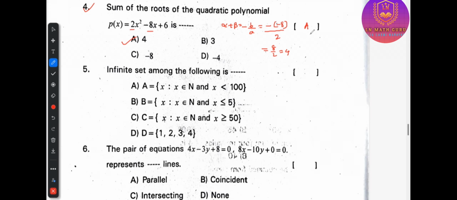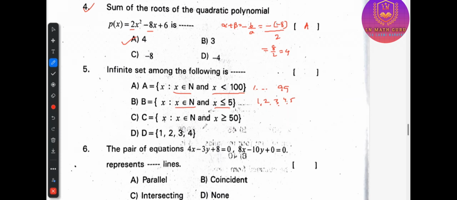Next question: the infinite set among the following. The first option says x belongs to N and x less than 100. So x less than 100 will be the natural numbers from 1 to 99, that will be finite only. The next one, x is a natural number and x less than or equal to 5, that will be 1, 2, 3, 4, 5 only, this also finite.